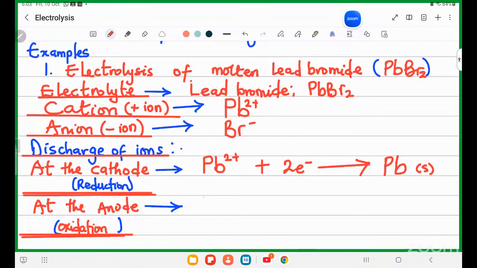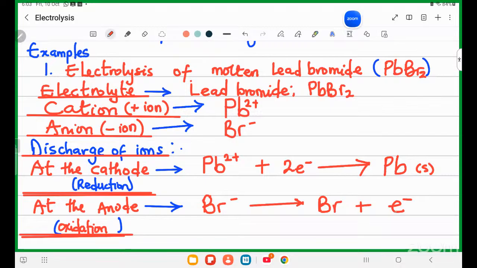So we have Br minus, it has excess electrons. Because it's losing electrons, we write the arrow first. Because the other one is gaining electrons, we put plus for gaining. So this one is losing electrons, it's going to be Br plus e minus.